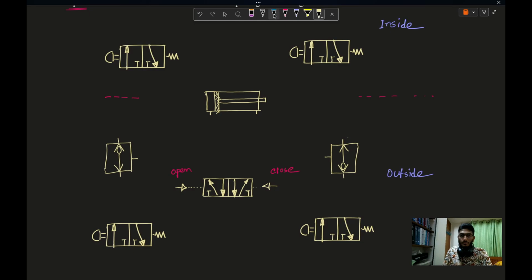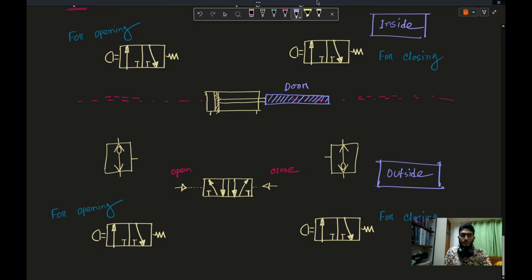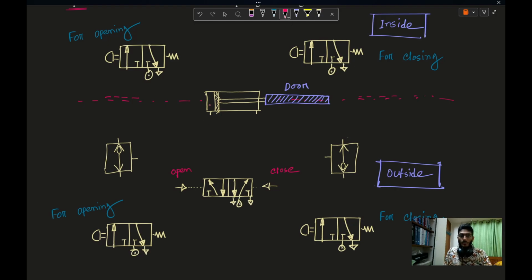Let's label them. Suppose this is our door. I forgot to give supply and exhaust. Let's connect this.